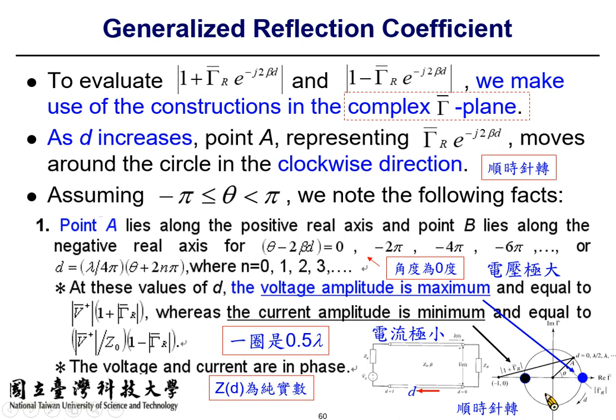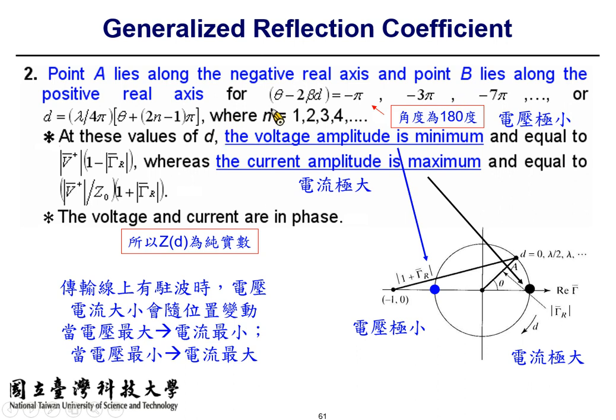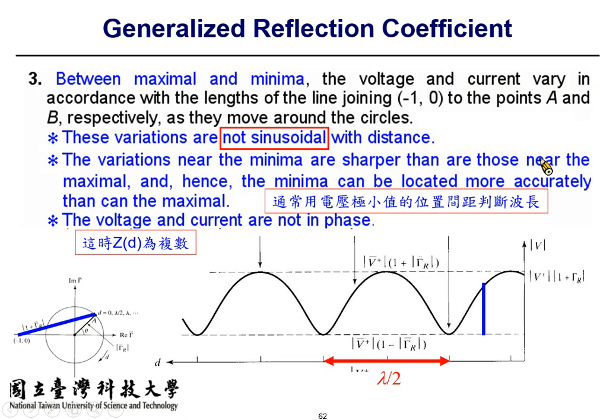And the impedance, again, is the ratio of total voltage over total current. So the input impedance will reach pure resistance at voltage minimum or voltage maximum, which come with current maximum and current minimum. So this is something that you should take note with.